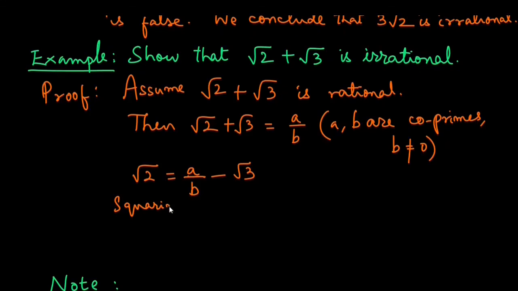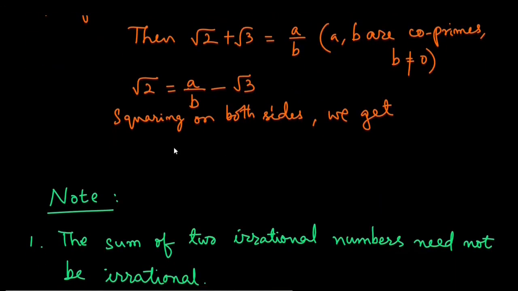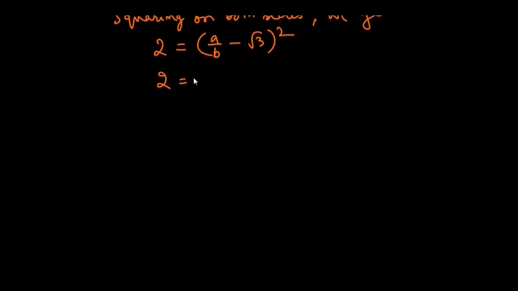Squaring on both sides, we get 2 is equal to a by b minus root 3 whole square. So 2 is equal to a square by b square plus 3 minus 2a by b root 3.